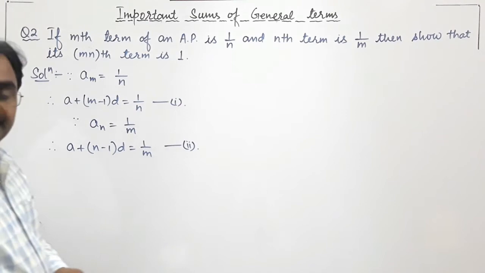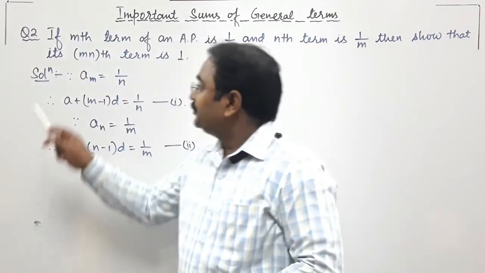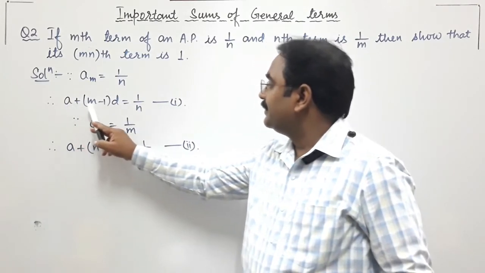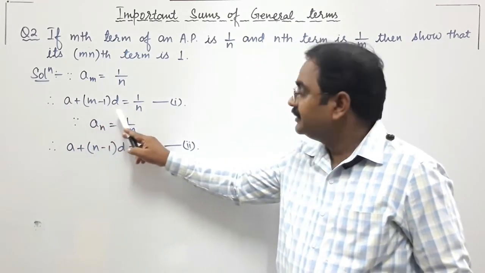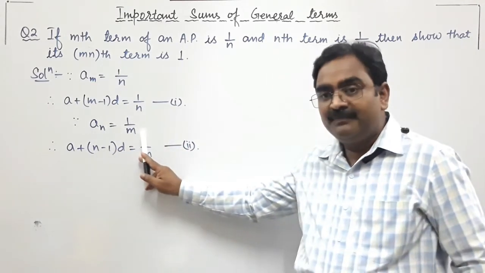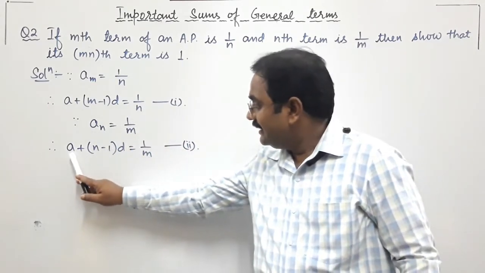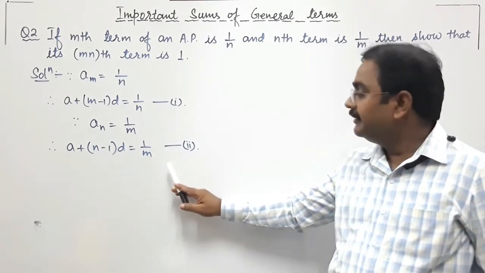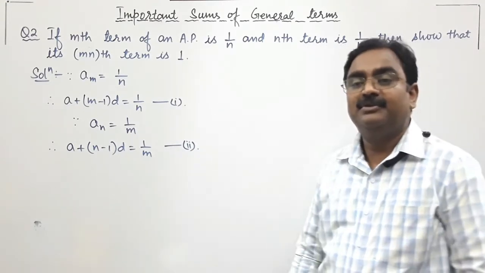Right children? The mth term is 1 upon n, based on this you got the equation a plus m minus 1 into d is equal to 1 upon n, and the nth term is 1 upon m, so a plus n minus 1 into d is equal to 1 upon m, which is your equation number 2.